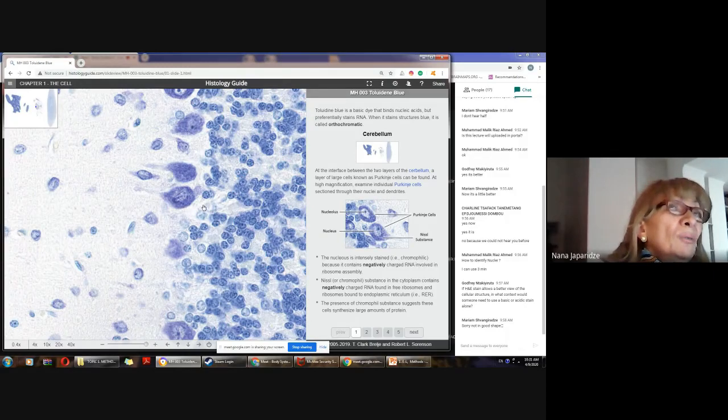So reticular tissue has reticular fibers in the extracellular matrix, and they are visible only if you stain it with a silver staining. So I will try to show you this.